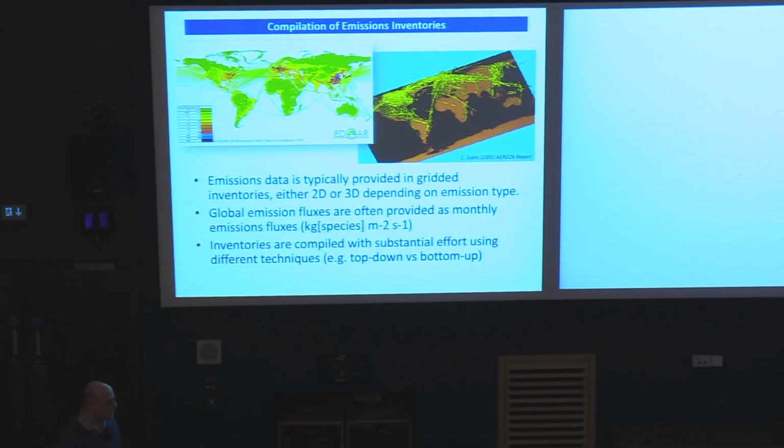So where do you get emissions data from, or how is emissions data being made available? You can have it as annual totals per sector, but a more interesting way of representing it is having not only the annual total, but also the geographical distribution of individual source sectors, in a gridded format ideally, because models often are grid-based, not always, but many are, and so using gridded emission fluxes would be an advantage.